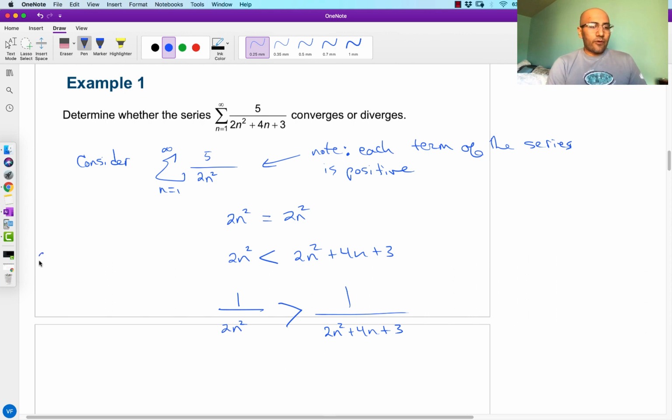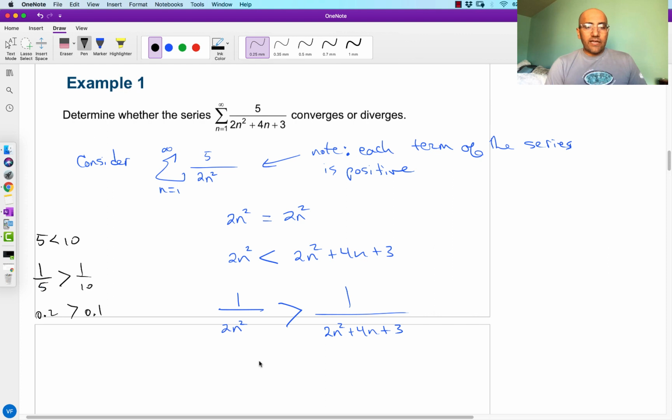Think of, for example, 5 is less than 10, but if we flip it over, then 1 over 5 is bigger than 1 over 10, right? 1 over 5 is 0.2, and 1 over 10 is 0.1. So that's definitely true. Okay, so when we flip it, we get that.